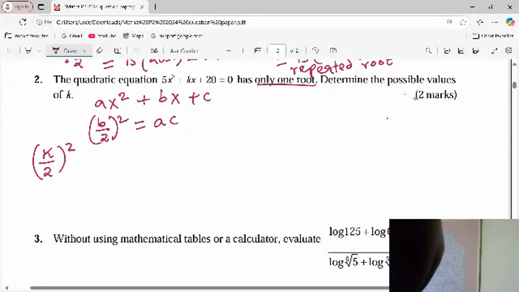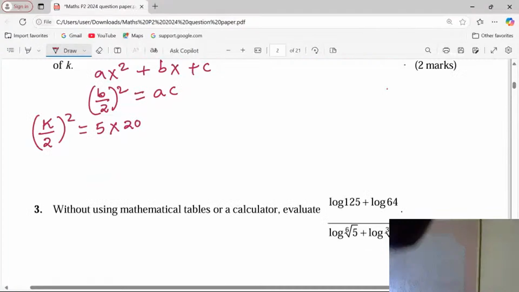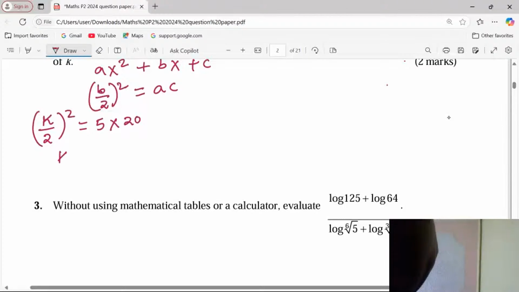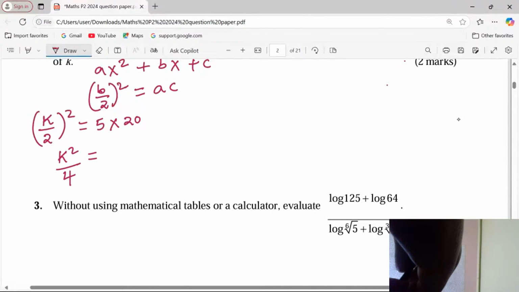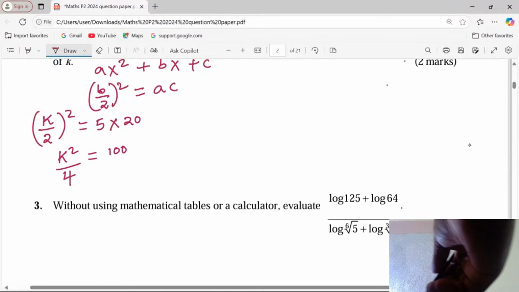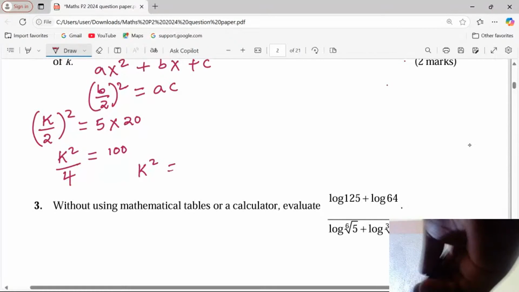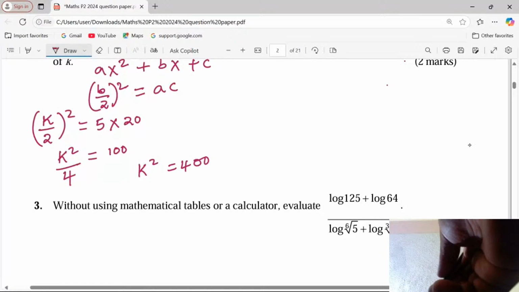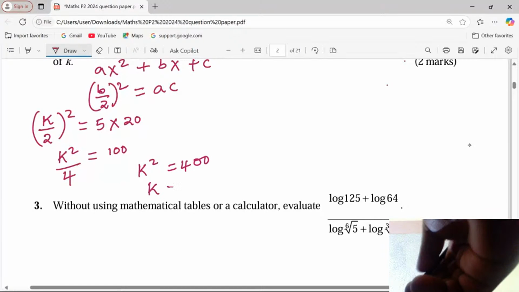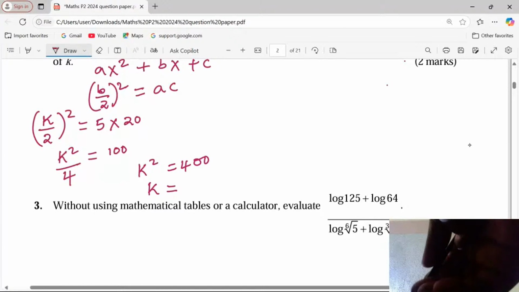Now, when we square this, we shall get a, which is 5, multiplied by c, which is 20, equals k squared over 4, which is 100. And how do we remain with k squared? By multiplying by 4 through, 400. So the value of k shall be, when we take the square root.